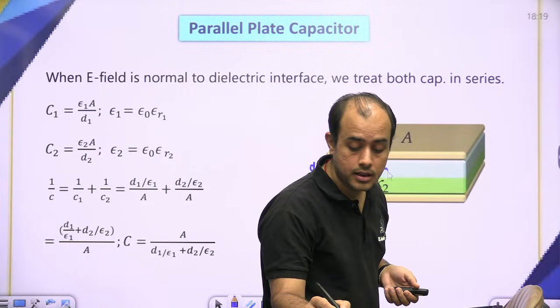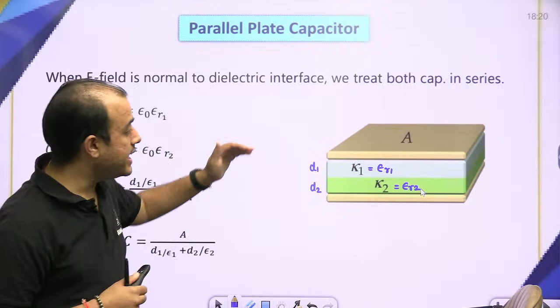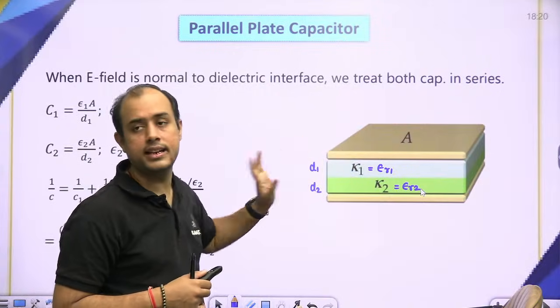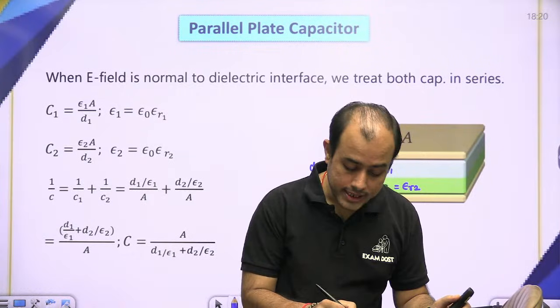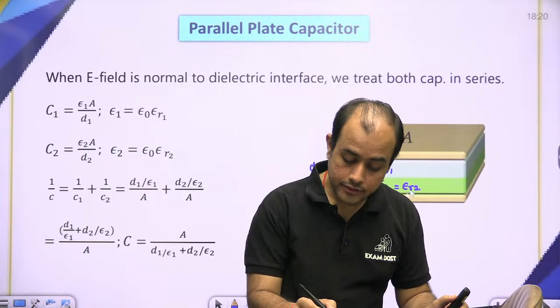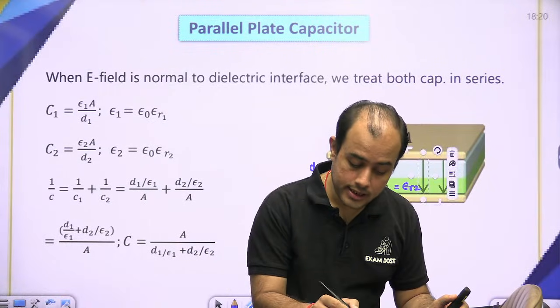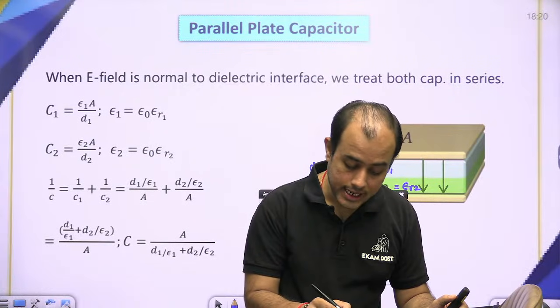Second one, epsilon naught epsilon R2 into area by D2. Now area is same for both of them. दोनों का area same है, but thickness अलग अलग है. Now beta, whenever you draw the electric field, electric field comes perpendicular to the boundary of the dielectric.